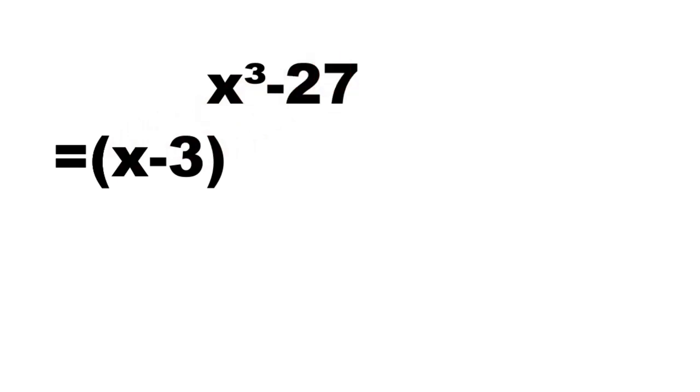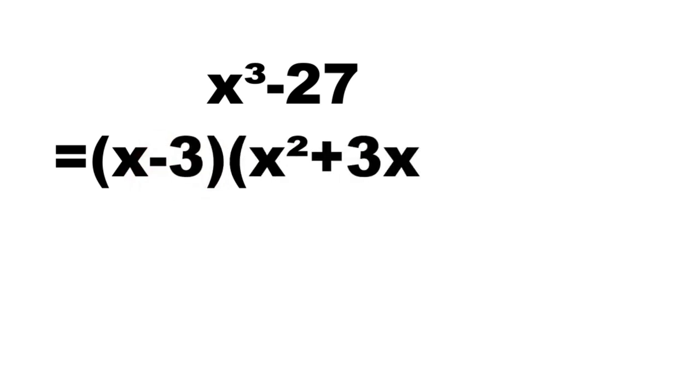And the first term of the trinomial factor is the square of the first term. Here we have x squared. Then the product of this one is 3x, and this is plus. This is minus, minus, and this is plus. And the last term is the square of 3, which is 9.